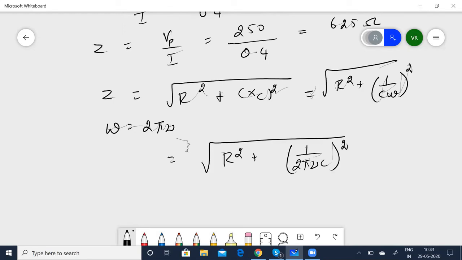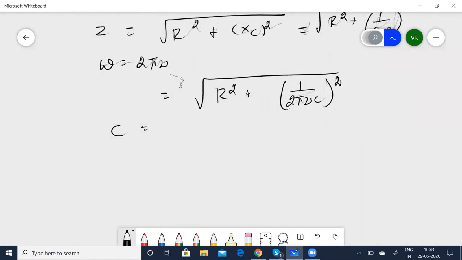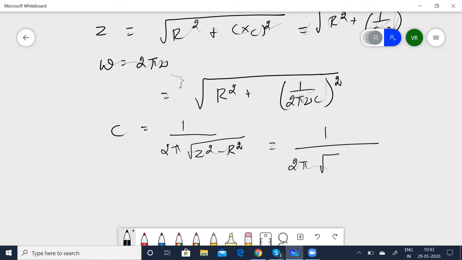All right. So from this we get C is equal to, we need to calculate C, simplify that, and we can simply see that it is now going to be C is equal to 1 by 2 pi nu root of Z square minus R square. Now we know Z, we know R, we can easily calculate this. This is now going to be 1 by 2 pi nu root of impedance.